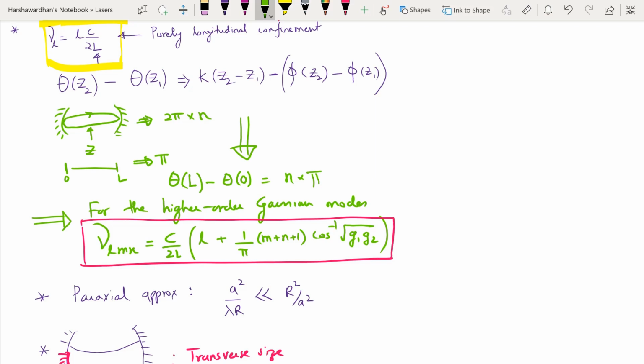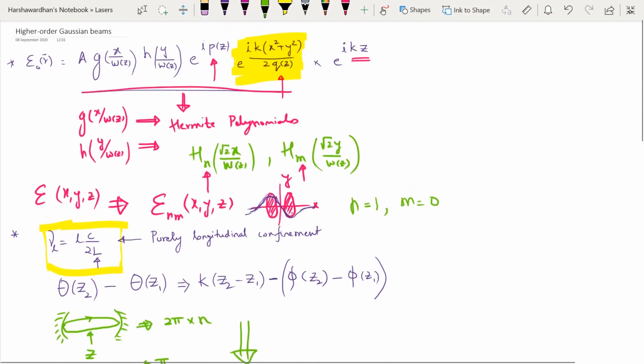Remember that L was coming from the longitudinal boundary condition. M and N are coming from the transverse boundary conditions. It's c by 2L, the usual one, times L plus 1 by pi, m plus n plus 1, cosine inverse square root of G1 G2. So this precisely happens for the higher order Gaussian modes. I would like you to determine for yourself this condition for the lowest order Gaussian mode, which we have already discussed, right? So this is my second comment which I want to make about the Gaussian beams.